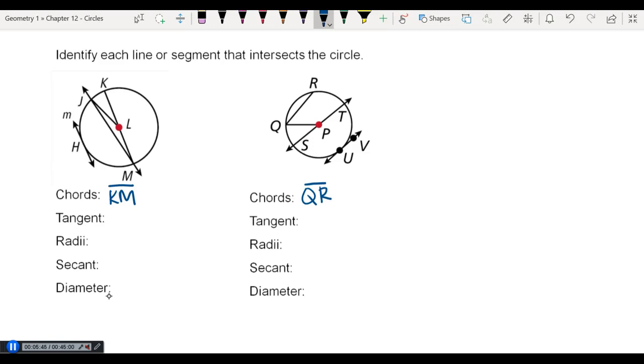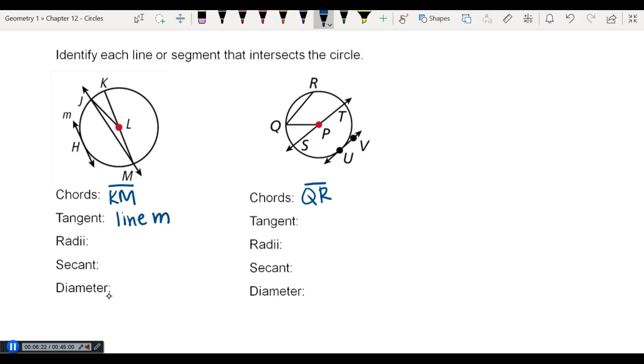What's nice is that whatever it did in the picture is what I have to put above it when we write it down. Tangent. In this one, there are actually two ways to write tangents. In this one, we have to call it line m. Line m would be our tangent line in this circle because it doesn't have 2 points on it.